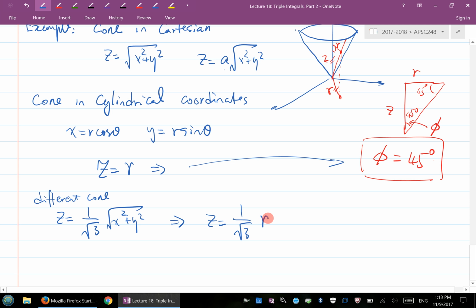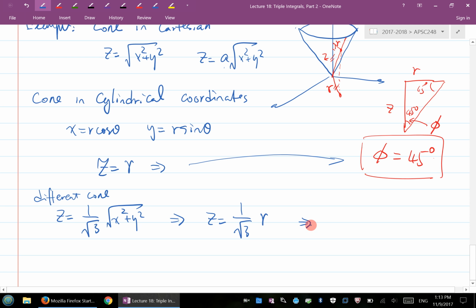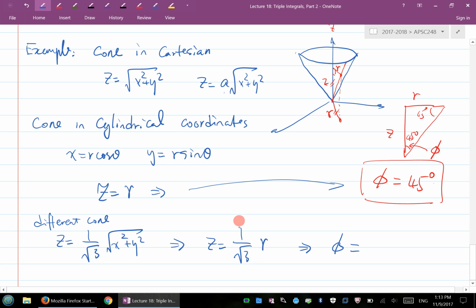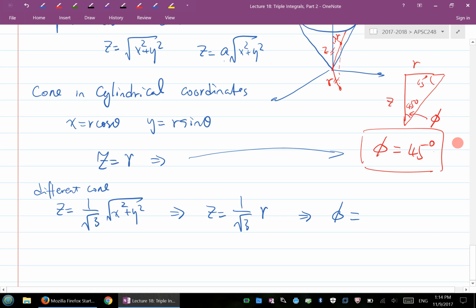That's still a cone equation, but this is the cone in cylindrical coordinates now. Can you tell me what's the phi angle for this particular cone? So z equal to 1 over root 3 r. This is your z, this is the r, and this is your phi.